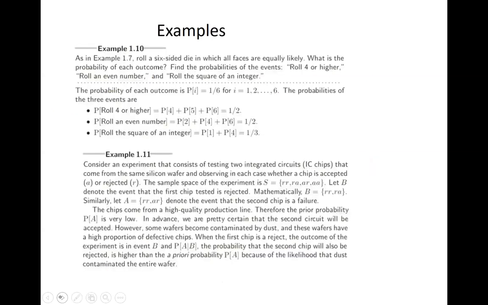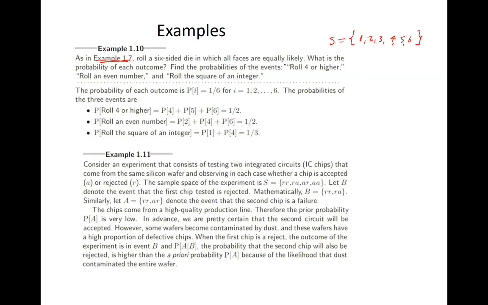Okay, so here is an example. We have the same experiment in example 1.7, where we roll a six-sided die and all faces are equally likely. So the sample space here is 1, 2, 3, 4, 5, and 6.